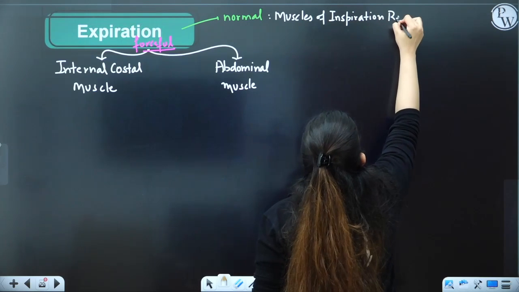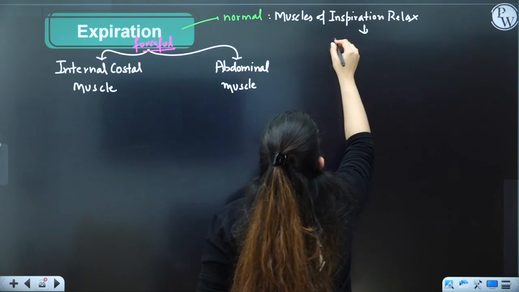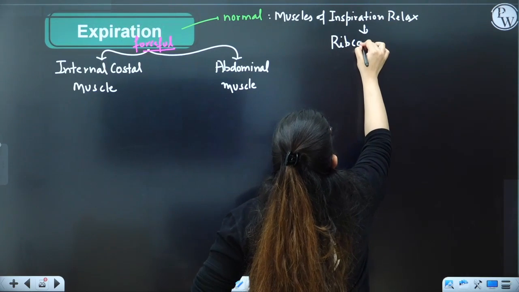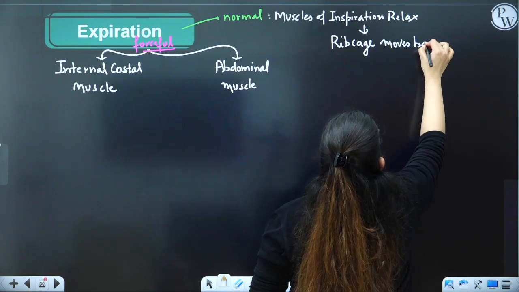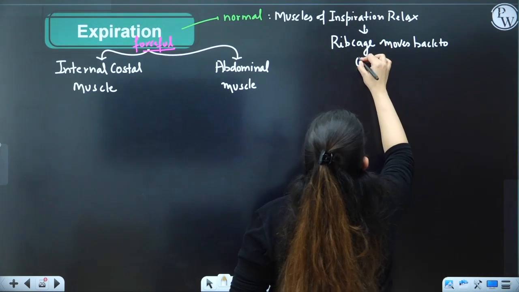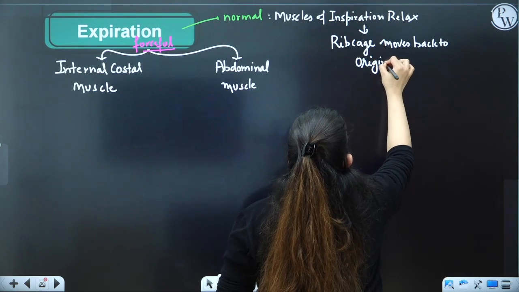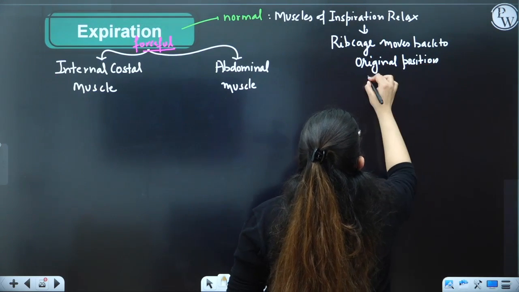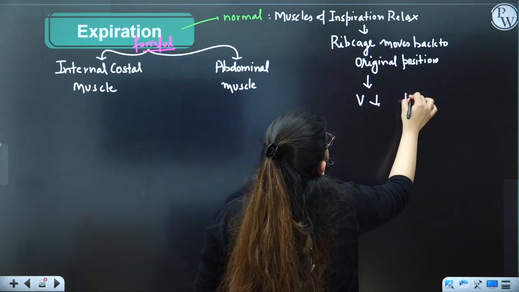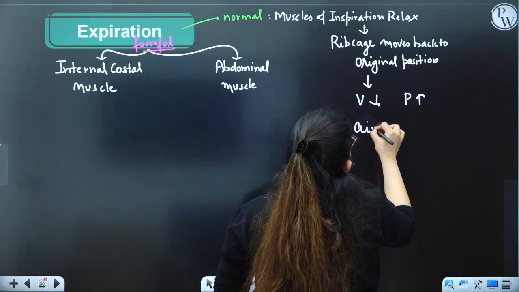When these muscles relax, the rib cage moves back to its original position. What will happen now? The volume decreases, pressure increases, air moves out.